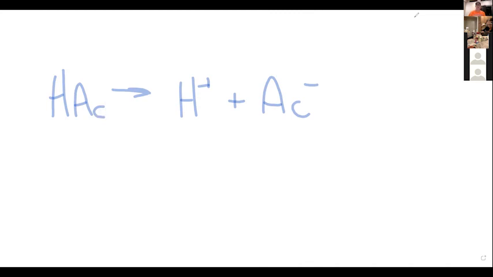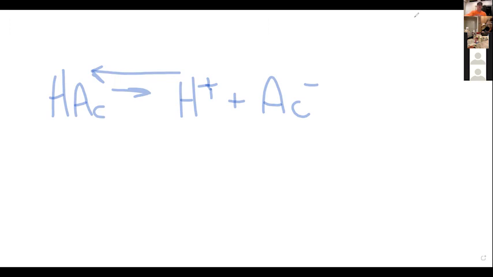That's the reaction that takes place when you dissolve an acid in water. But this is a weak acid, and so it doesn't completely dissociate. So this reaction actually goes in both directions, but the reverse reaction is favored.